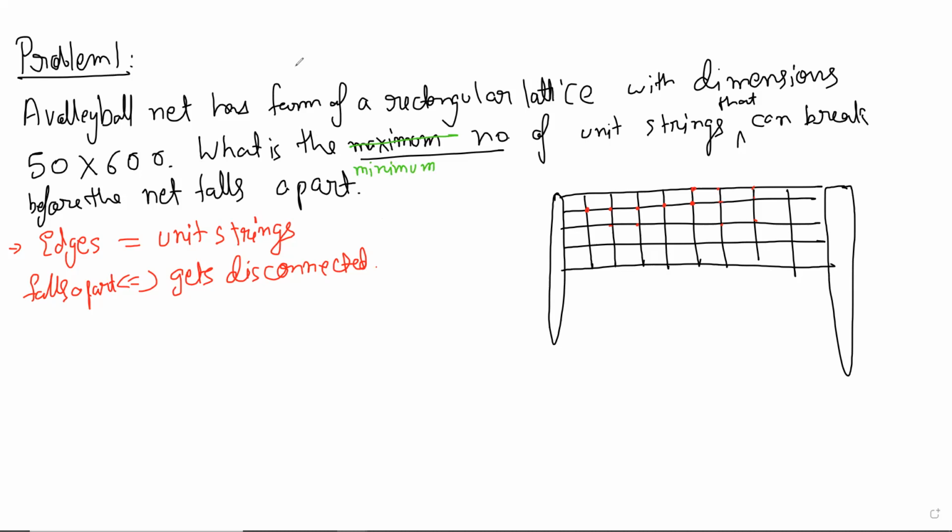No, read the question. Let me first read it myself; maybe I framed it wrong. My question is, what is the minimum number of unit strings that can break before the net falls apart? What's the minimum number of strings that need to break? No, let's think about this more carefully.